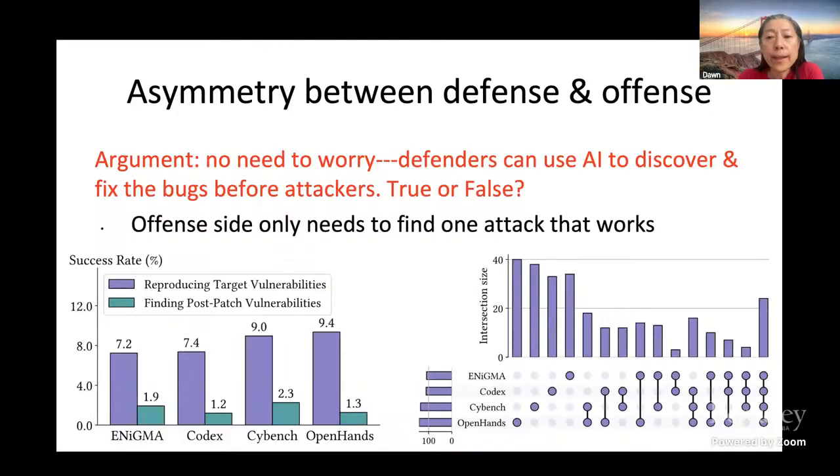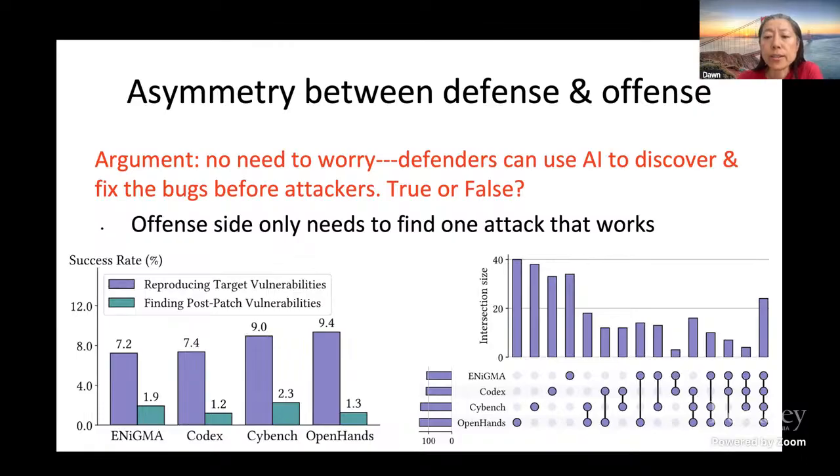What our finding shows is that even though some agents and some models are clearly stronger than others, when we compare the different vulnerabilities and POCs that the different agents and models find or construct, there's actually not a superset relation.